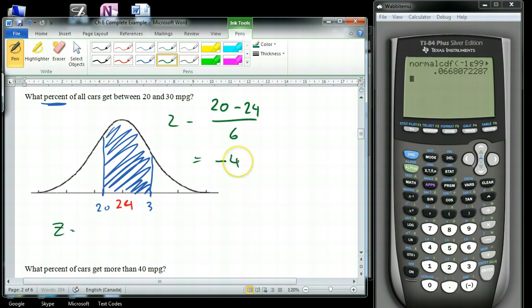That's negative 4 divided by 6, and that should be negative 0.666, and you can do 4 decimal places here. Okay, so that's the z-score there, negative 0.6667.